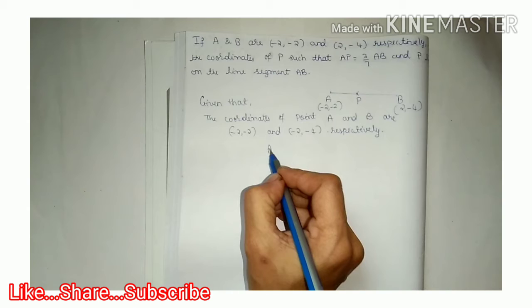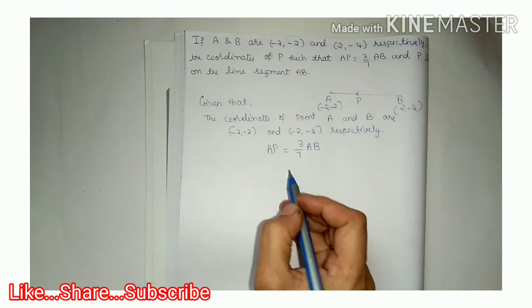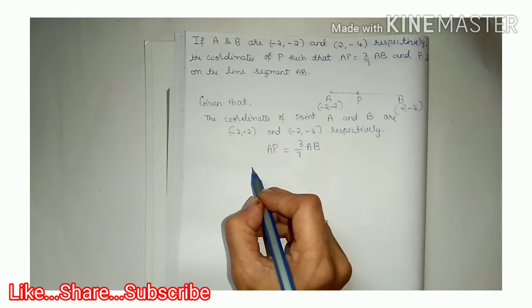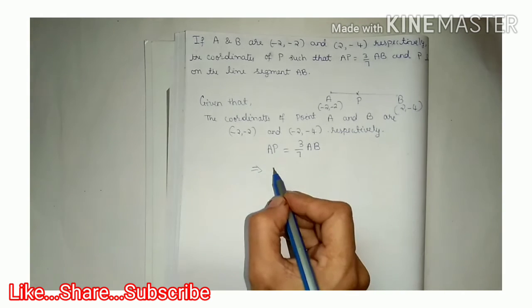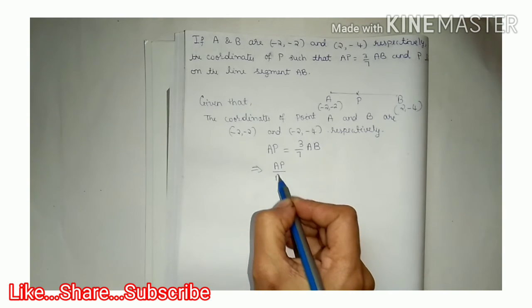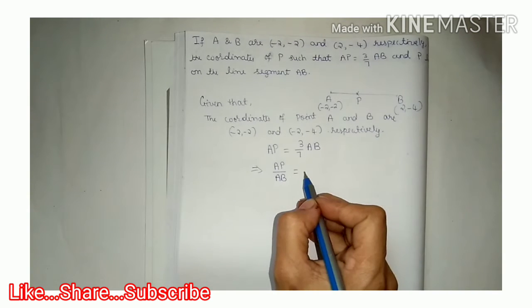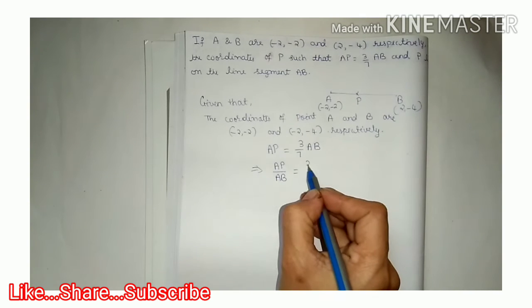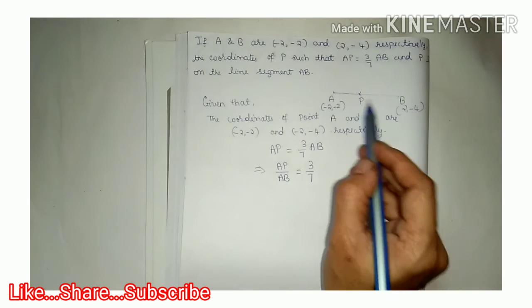Also AP is equal to 3/7 AB. Here it implies we have to find the ratio. AP by AB is equal to 3 by 7. We know that AB is equal to AP plus PB.